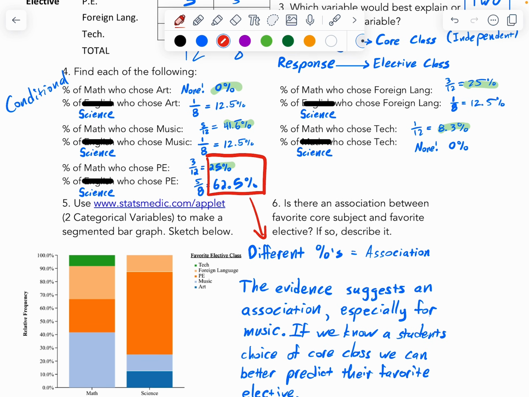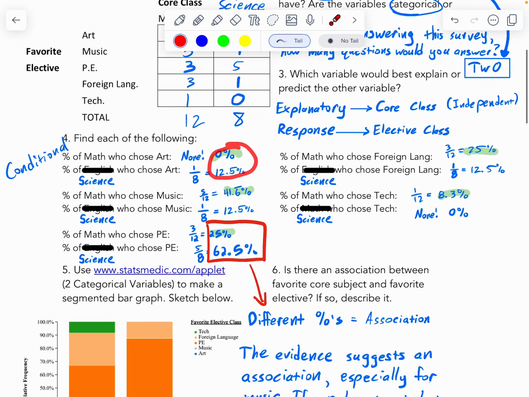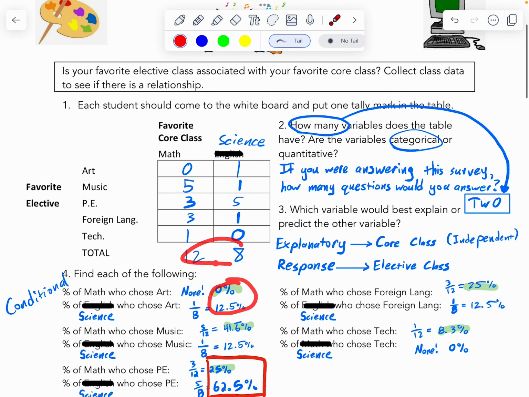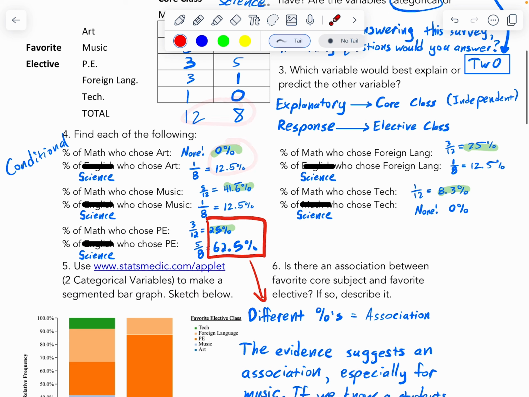They're 40% almost apart. This isn't too drastic. We only have a tiny sample size of 20 kids here, so I wouldn't really overreact to this yet, but this one's pretty substantial. This one's not that big, only one kid versus zero kids in each category. This one's also kind of verging on getting substantial, right?